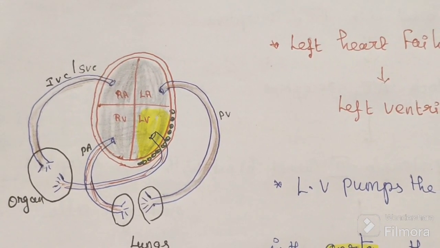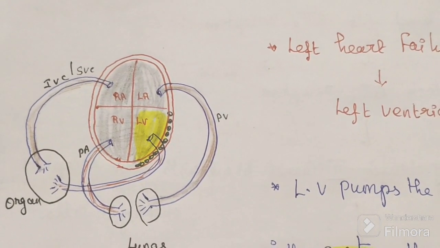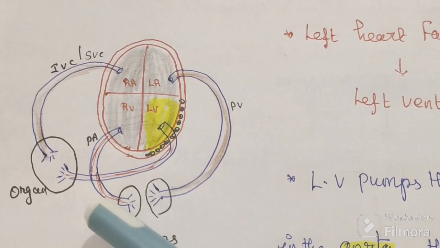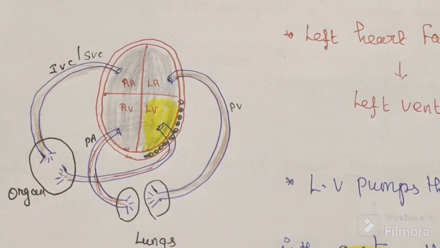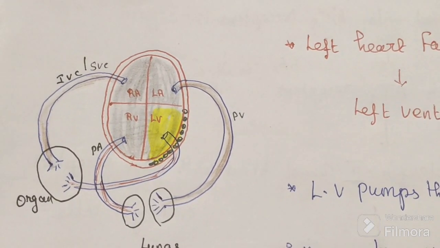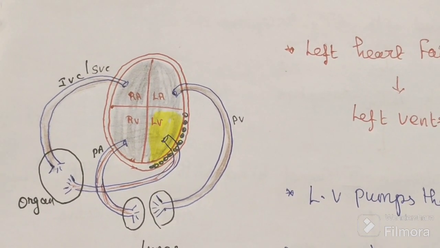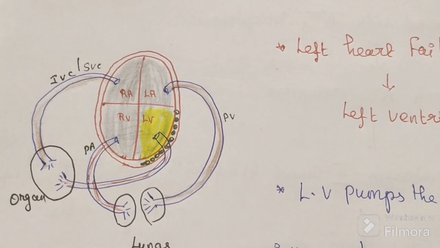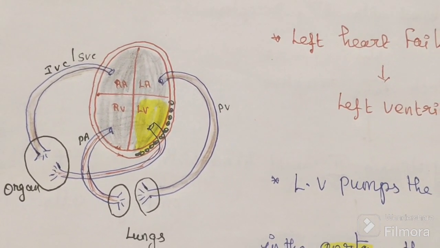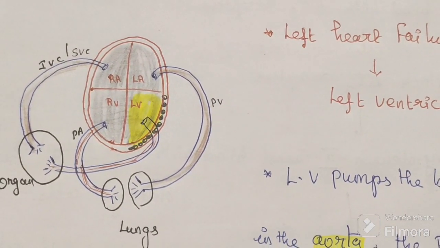The left ventricle pumps the blood, the pure, oxygenated blood, into the aorta, and the aorta distributes it throughout the body, to all the organs. But in left heart failure, the left ventricle is not pumping properly, so blood is not received by all the organs. That is heart failure.